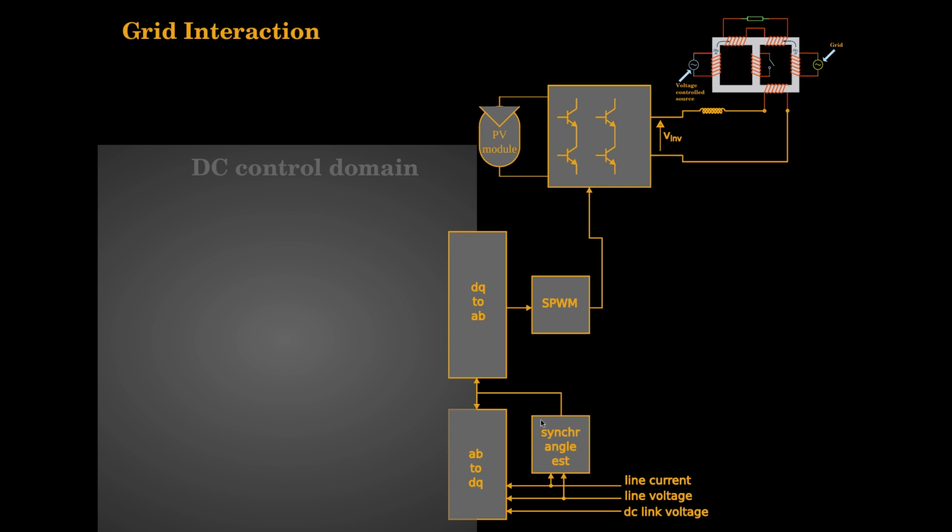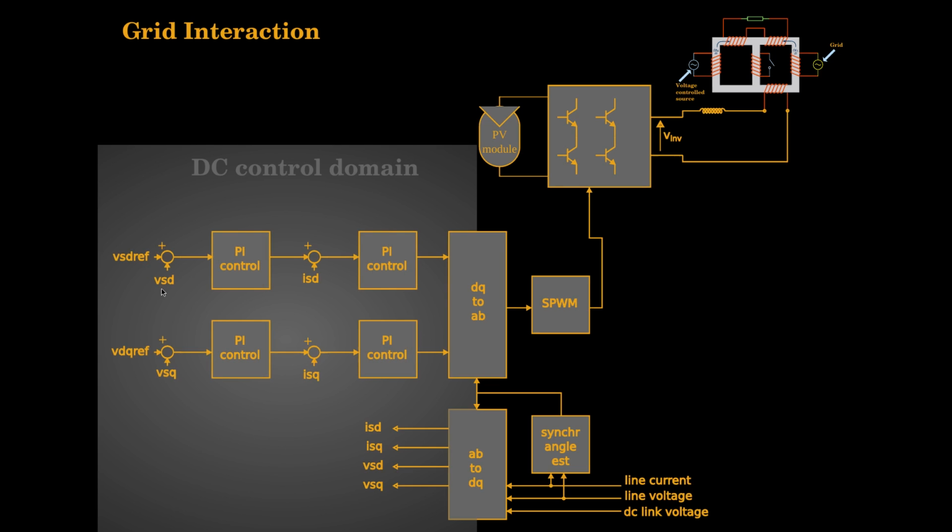And the synchronous angle estimation can be done from the line voltages. So I will have ISD, ISQ, VSD, VSQ, and you could do voltage control or current control.